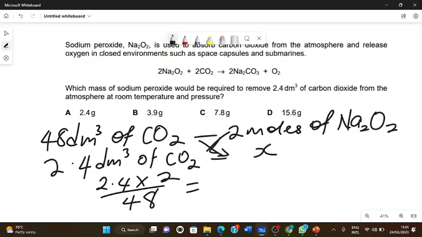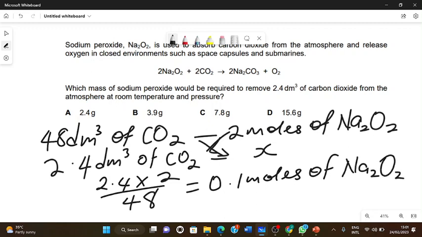Using my calculator, 2.4 times 2 divided by 48, you get 0.1 moles of what? Sodium peroxide. So to remove 2.4 dm3 of carbon dioxide, you need 0.1 mole of sodium peroxide.